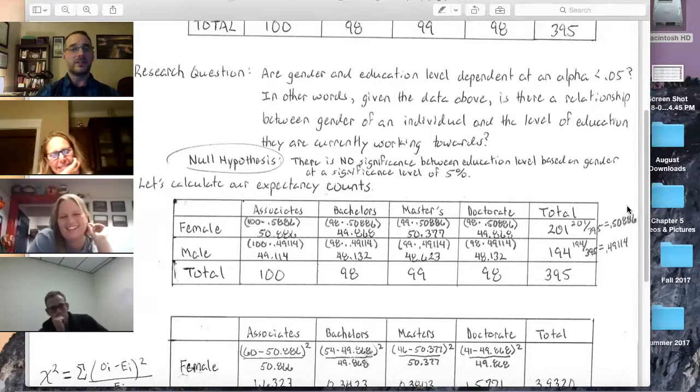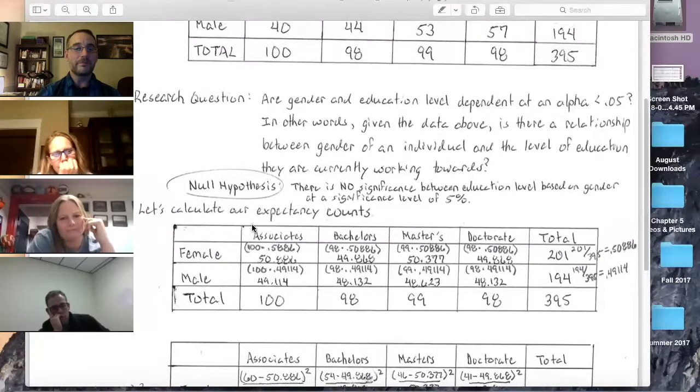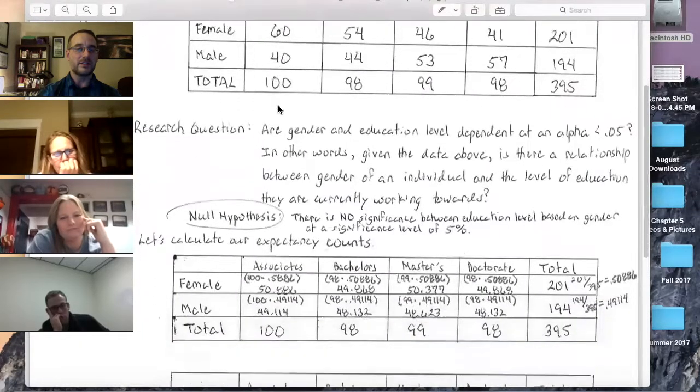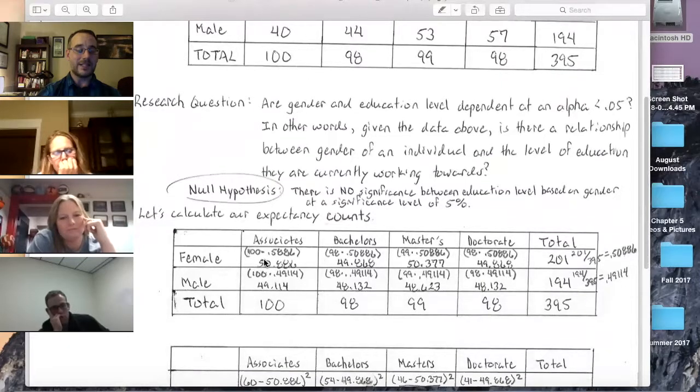All right, so these are our probability levels. What do we do with that? Just like we did with the dice, we need to come up with our expected counts. How do we calculate that? Up here, for example, we had 60 females working on their associate's. We need to get an expected count, so that's going to be 100 times our probability.